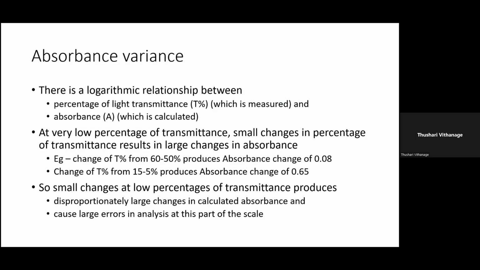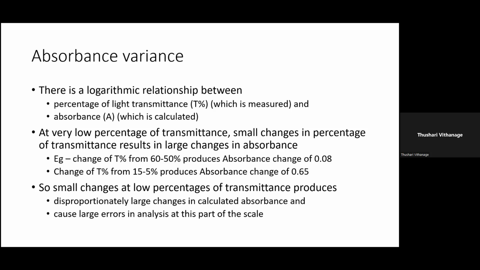So at very low percentages of transmittance, small changes in percentage of transmittance result in large changes in absorbance. An example is a change of percentage transmittance from 60 to 50% produces an absorbance change of 0.08.